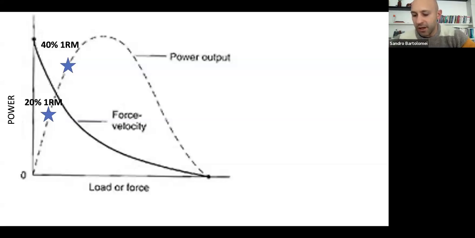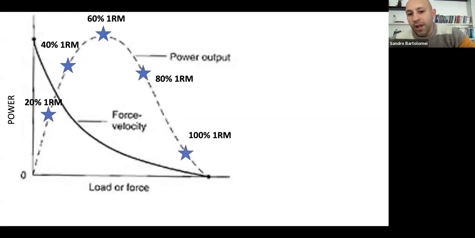There is an increase in power produced because the ratio between load on the bar and speed is positive. But when you overcome 60% of 1 RM, typically, but this value can also be lower, 40, 50, depending on the individual, then the power is lower and is going down.